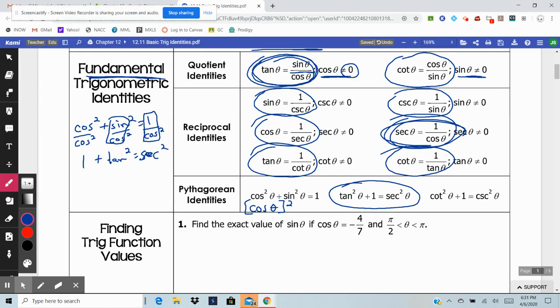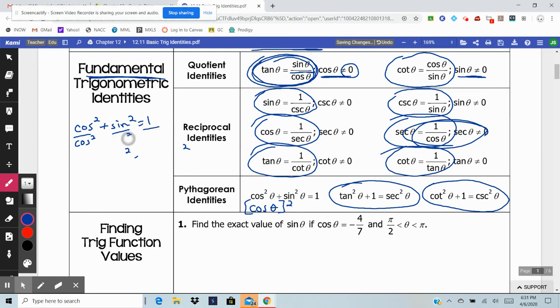And that means that you can actually find that last identity here by doing the exact same thing, except instead of dividing by cosine squared, we're going to take every piece of this. Let me get that erased right there. And if you were to divide every piece by sine squared now, look what happens to your original Pythagorean identity.